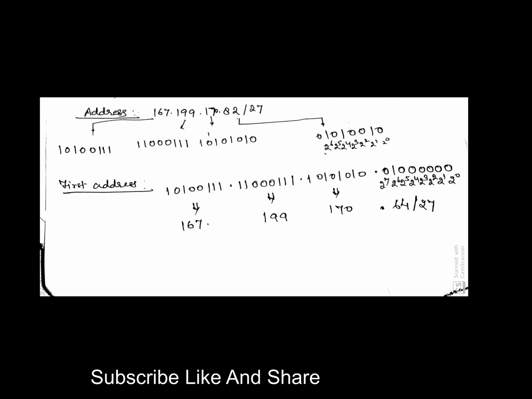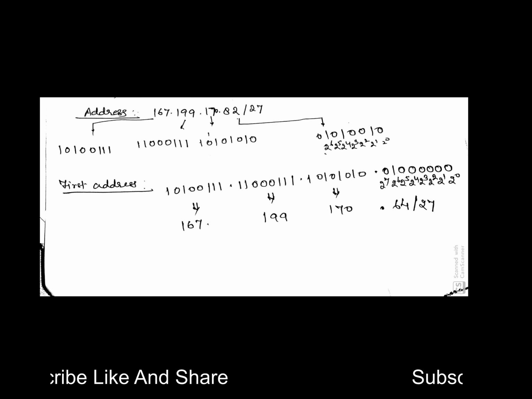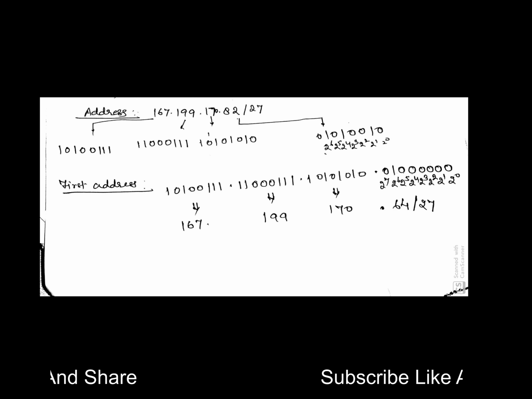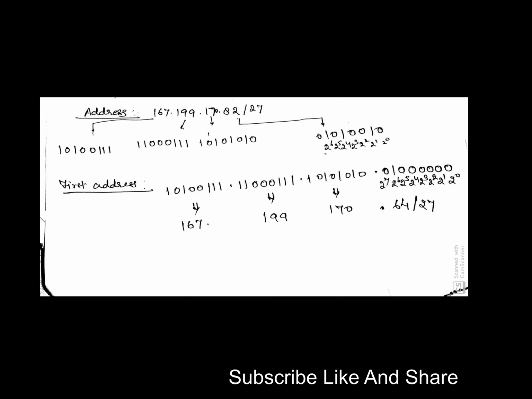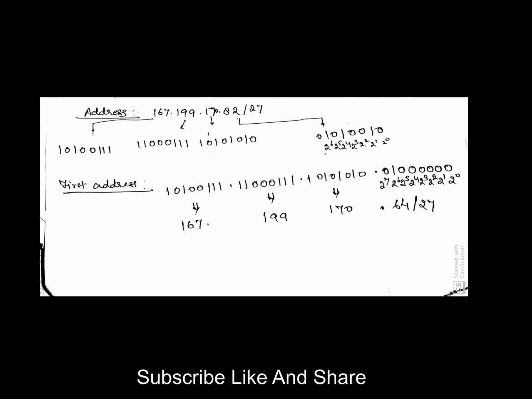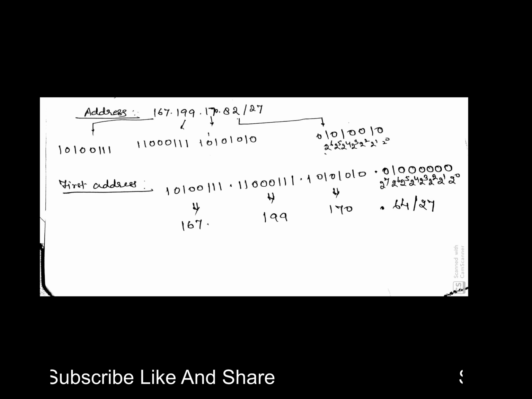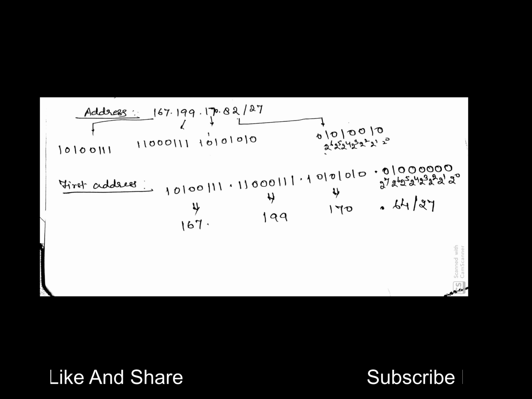Okay, so 82. Now write down the maximum bit here. So which power of 2 less than 82 comes in? 2 to the power 6, that is 64, right? We put a 1 over there, and after that, 64 plus 16 is 80, right?